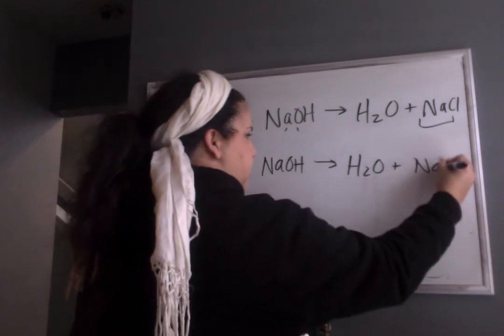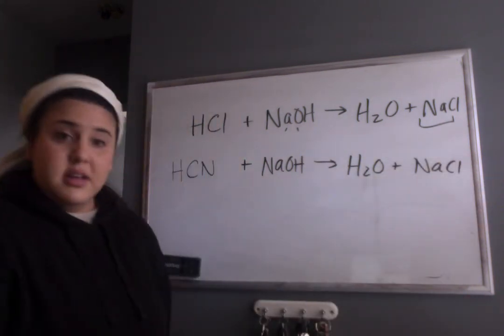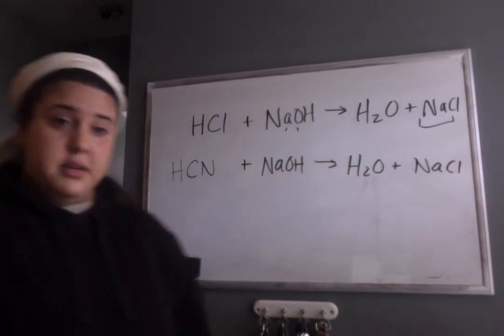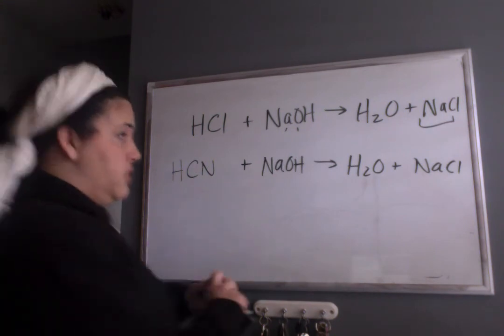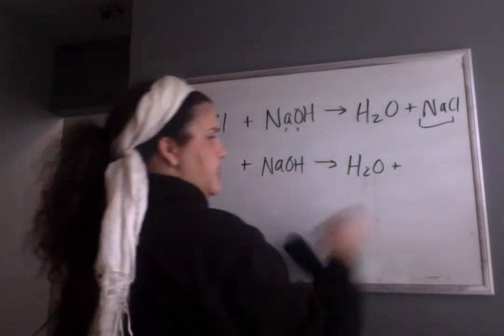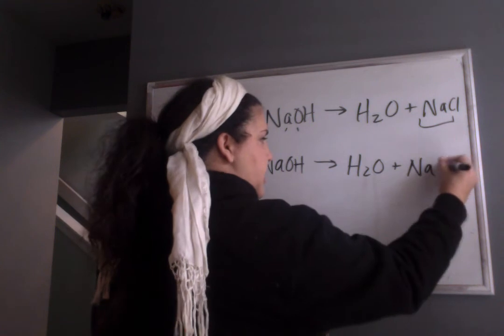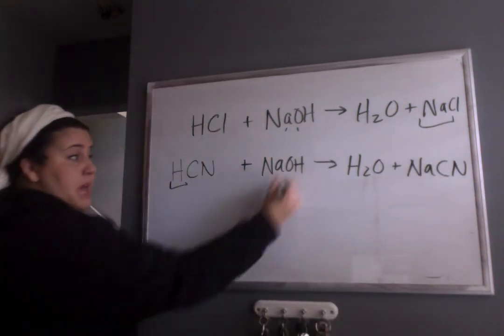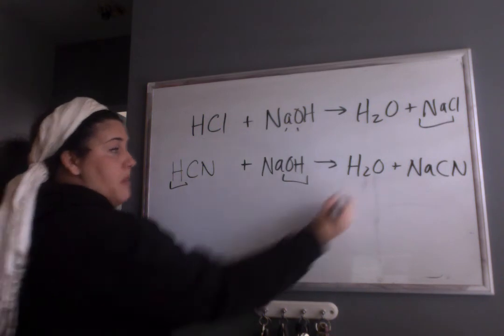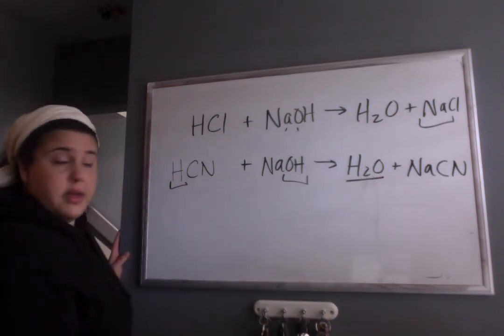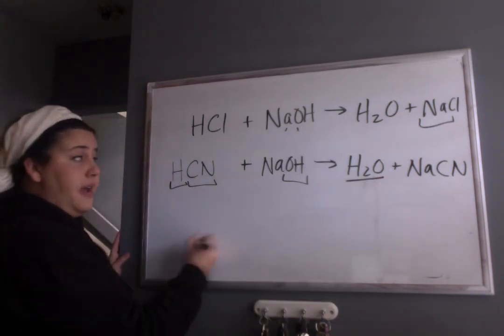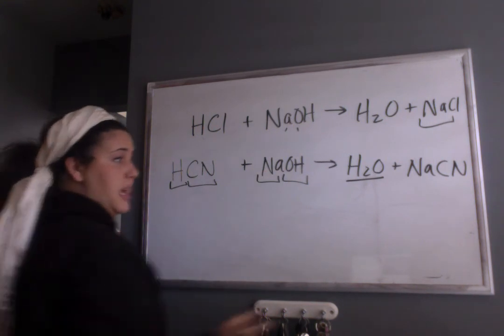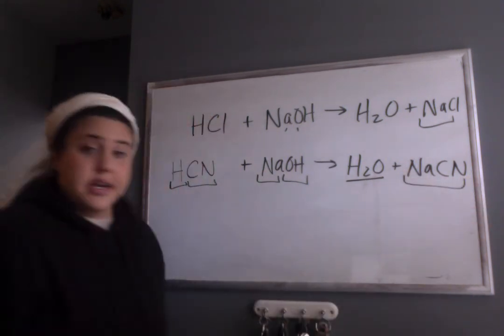But do I form sodium chloride again? Where did that chloride come from? Well, it's not there. So what I actually form is sodium cyanide. My H+ and my OH- come together to form water. Meanwhile, my cyanide ion and my sodium ion come together to form this ionic compound.